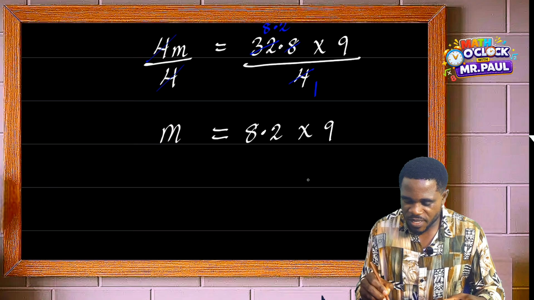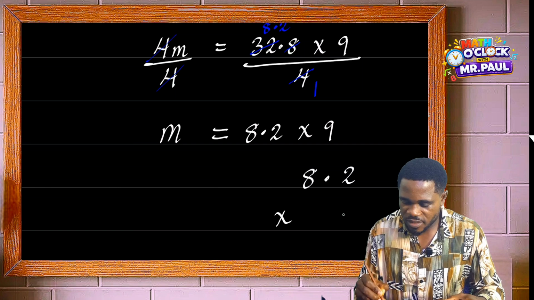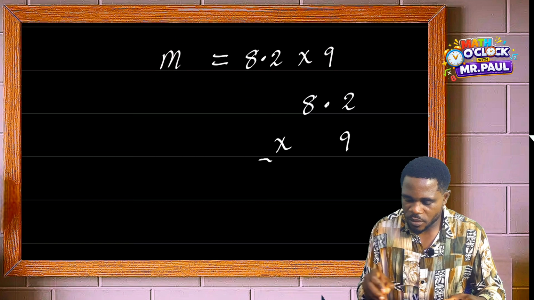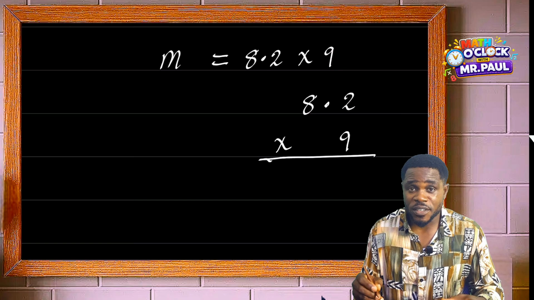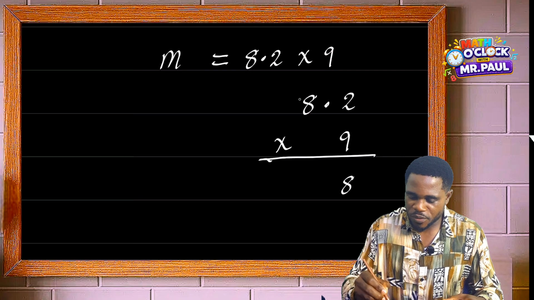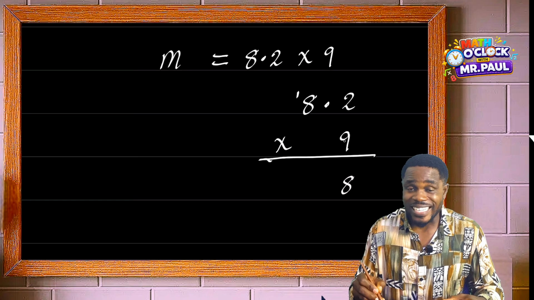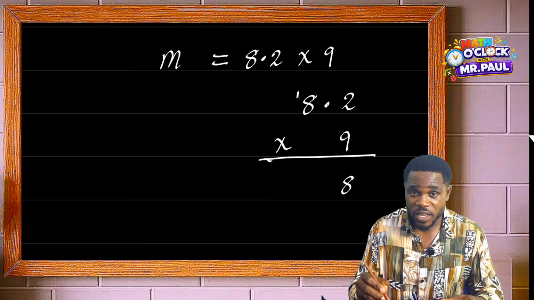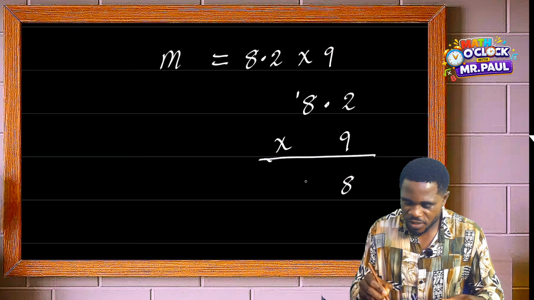This is going to be 8.2 times 9. 9 times 2 is going to give us 18. Beautiful. We write down our 8 and bring forward 1. Then 9 times 8 is going to give us 72. Plus that one we have what? 73. So you have 3 and 7.